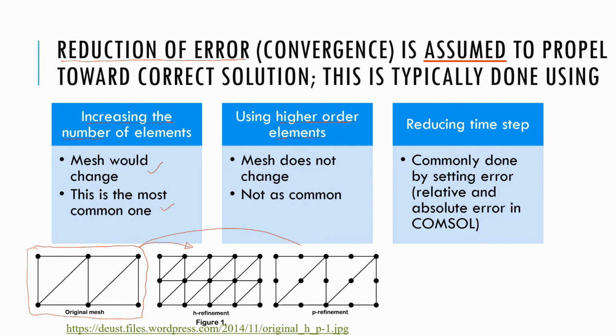So the original mesh becomes this one. You notice the mesh itself did not change, but what we did is we added more nodes in here. This is also called the p refinement, using a higher order element. So this triangle now, instead of 3 nodes, has 6 nodes. This is not as common. We don't use it as often. This other one is the most common.